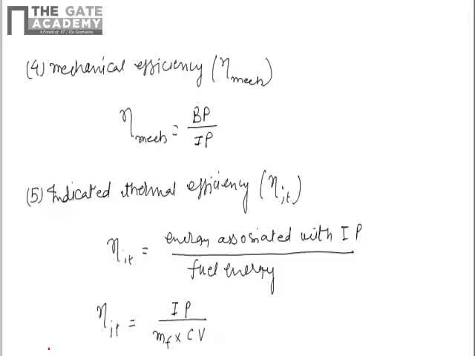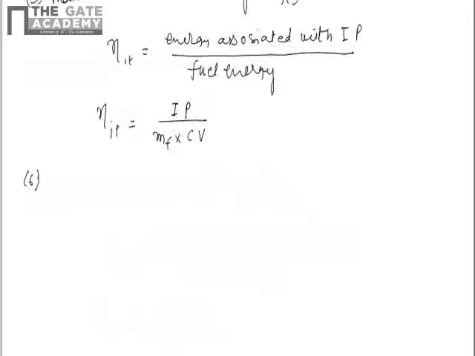Similarly, we can define brake thermal efficiency, denoted by eta BT, and it is based on brake power.